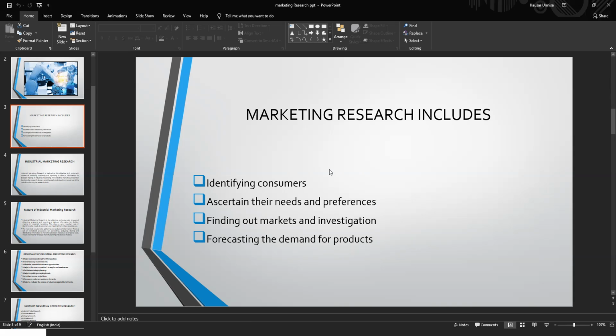Marketing is the buying and selling activities. Research means systematic and complete study of a problem, which can be solved by experts using scientific methods. So marketing research is a systematic method of collecting, recording, and analyzing data, which is used to solve marketing problems.